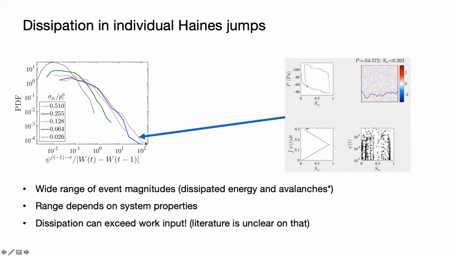So here, for this very strong system, also very strong defects, you get that the dissipation in a step, in one Haines jump between one static equilibrium configuration and the other, can exceed the work invested during this jump, to make this jump.